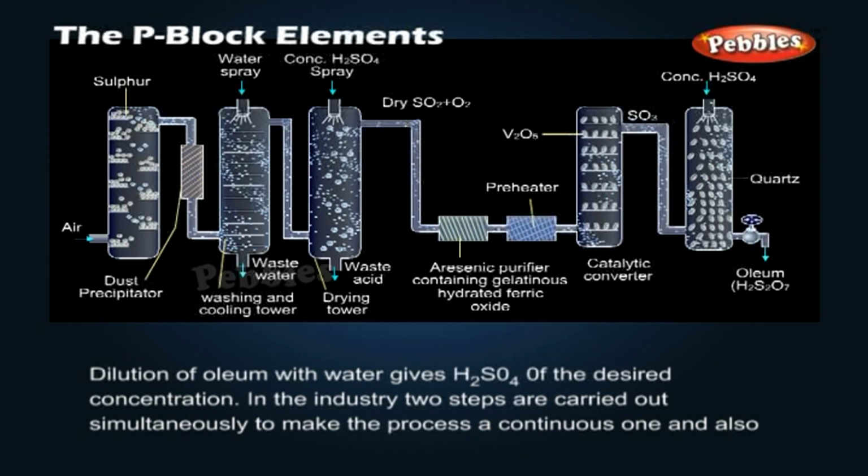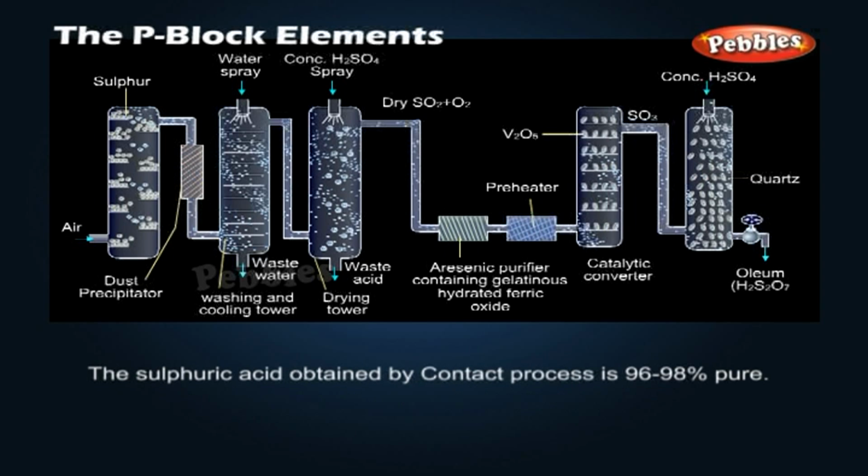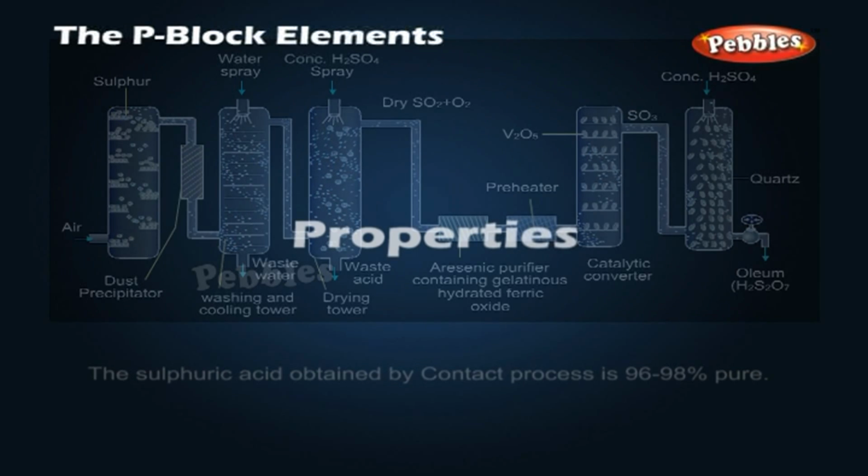Dilution of oleum with water gives H2SO4 of the desired concentration. In the industry, the two steps are carried out simultaneously to make the process a continuous one and also to reduce the cost. The sulphuric acid obtained by the contact process is 96 to 98% pure.